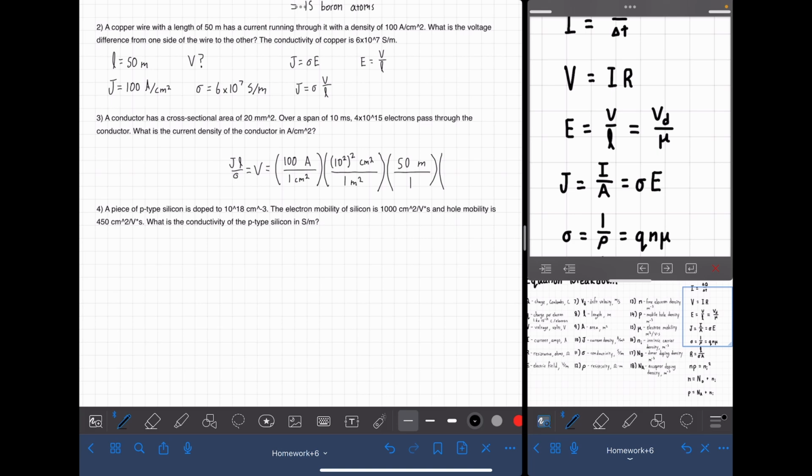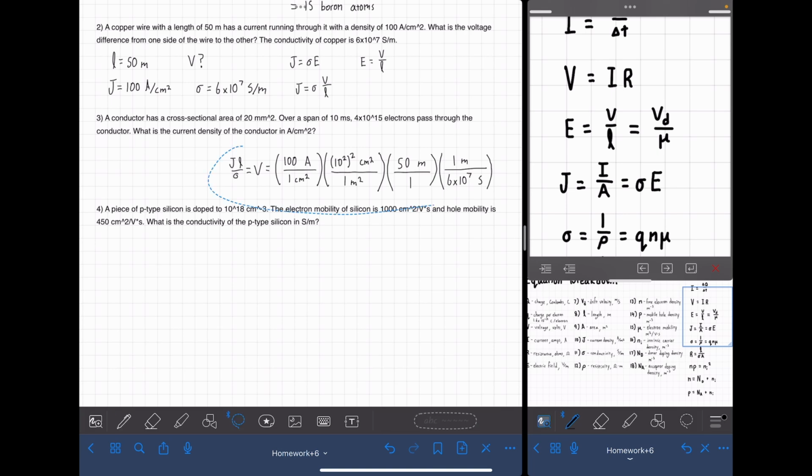And we need to get to volts. So next we divide by our conductivity. So we're going to put it on the bottom. 6 times 10 to the 7 Siemens per meter. We put the meters on top because it's dividing.